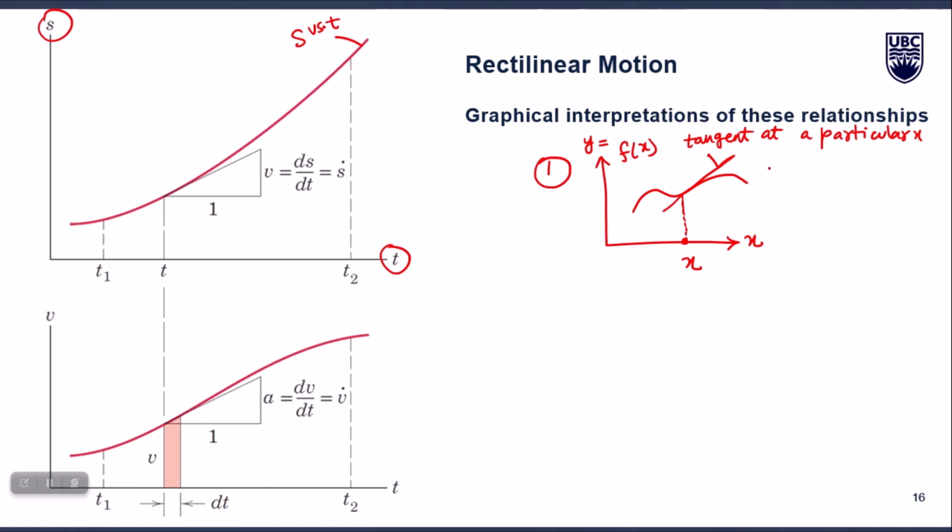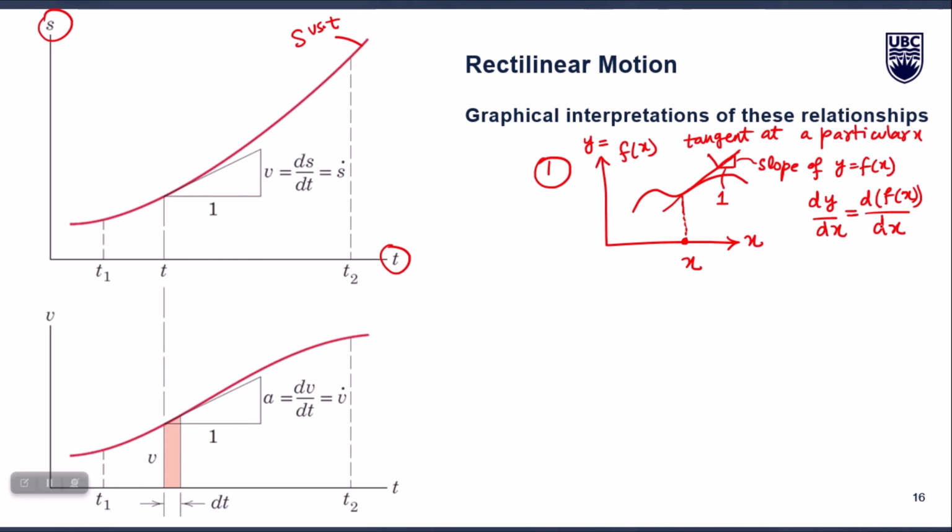then the slope of this line, this tangent, is generally represented by a small triangle with base length equal to 1, and then the vertical height is actually the slope, right? So this is the slope of y, which is f of x, and that slope mathematically is the first derivative of y with respect to x, right? And we can also write it as d of f of x with respect to x, right?